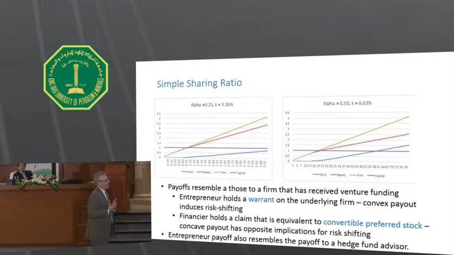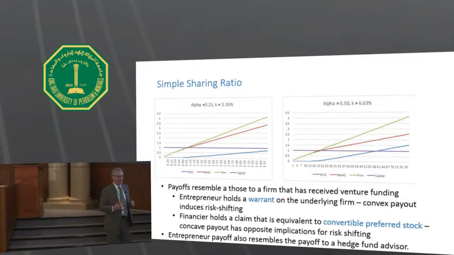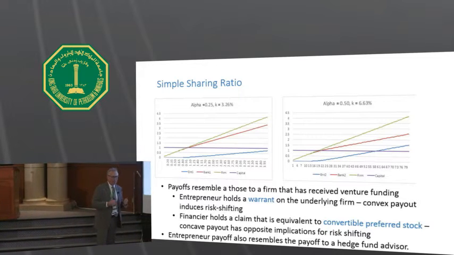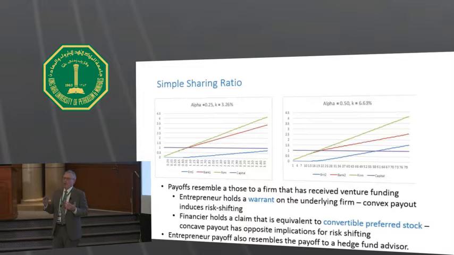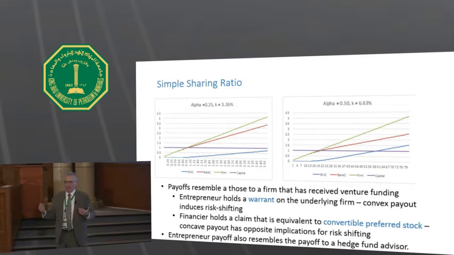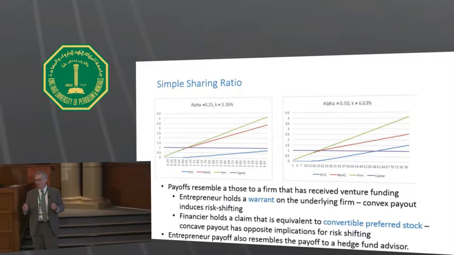And then a lot of what goes on in this sounds a lot like some of the discussions that Eric had yesterday. From the perspective of the entrepreneur, they're holding essentially a warrant on the underlying firm. The financier is holding something that looks a lot like convertible preferred stock to me.